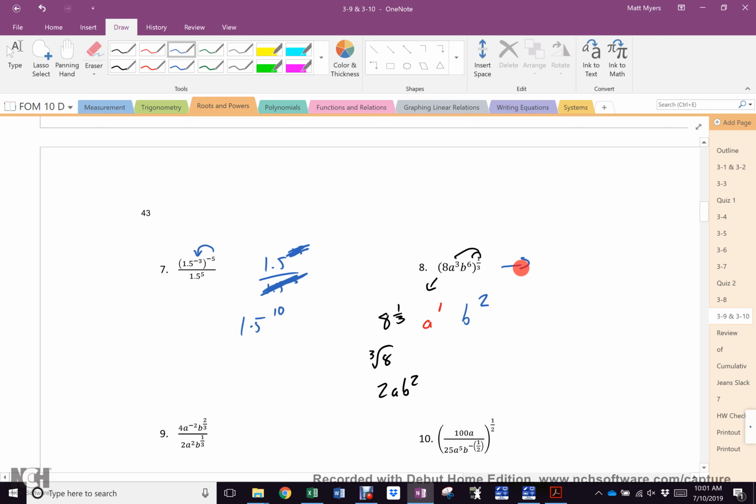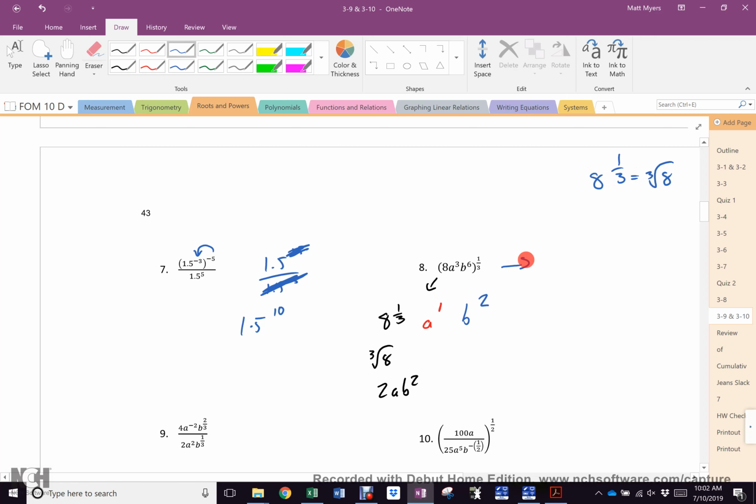I could also do it this way. What's the base in number 8? A3B6, right? Because it's all in brackets, yeah? Well, we know that 8 to the 1/3 is the cubed root of 8, right? Because the base goes under the radical sign.